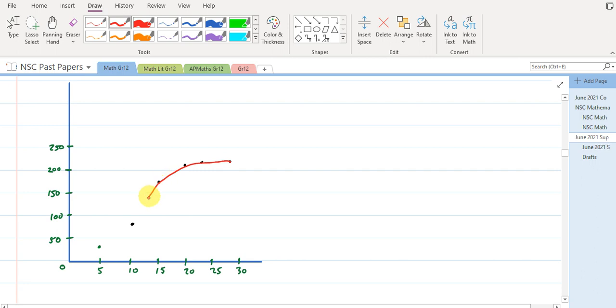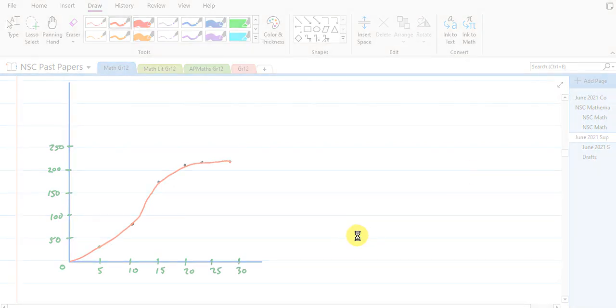Remember to label: number of days absent on the x-axis, and cumulative frequency on the y-axis.